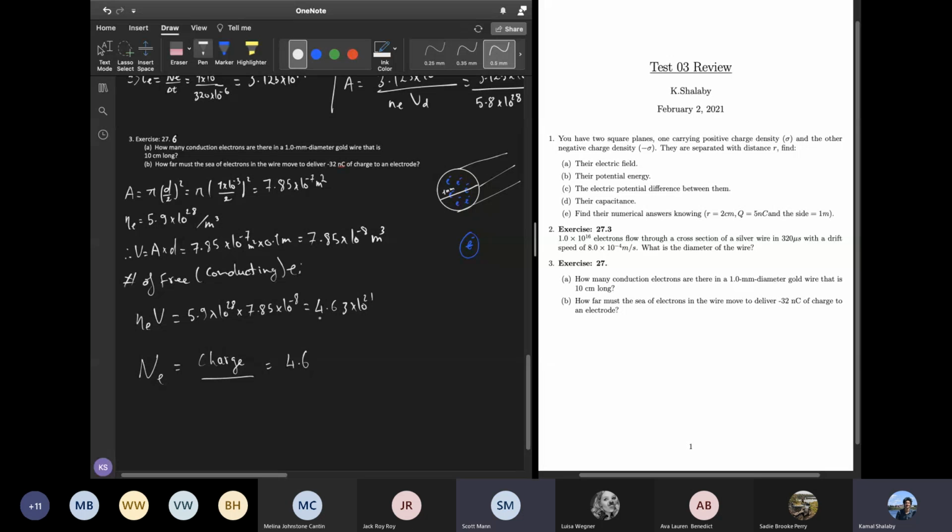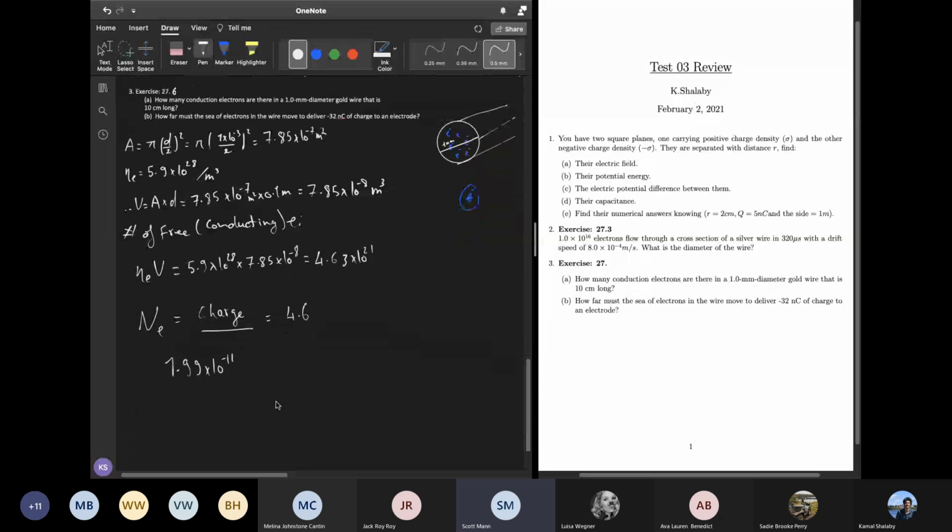Okay, I'm a little confused. When you say 1.99 times 10 to the 11, what is that? Okay, so you have negative 32 nanocoulombs of charge, and then you multiply it by the conversion factor 1 e over 1.602 times 10 to the negative 19 coulombs.